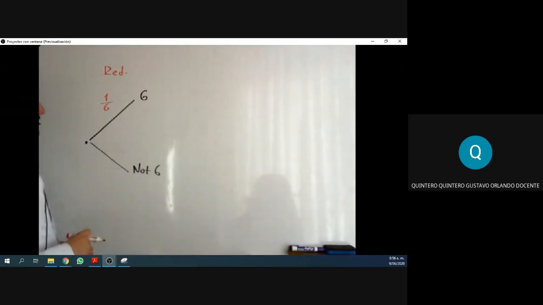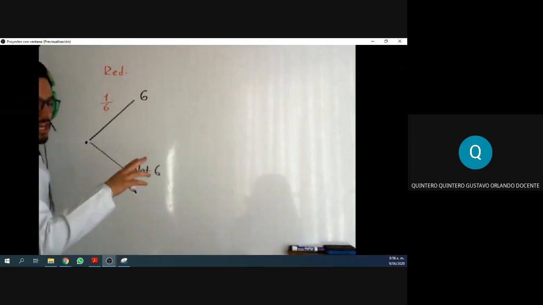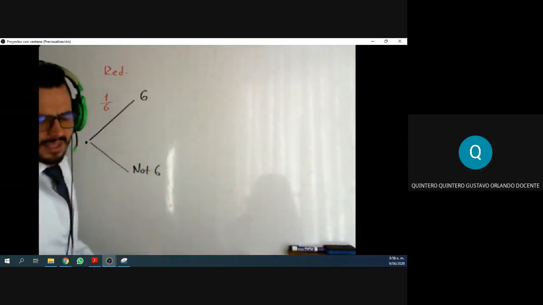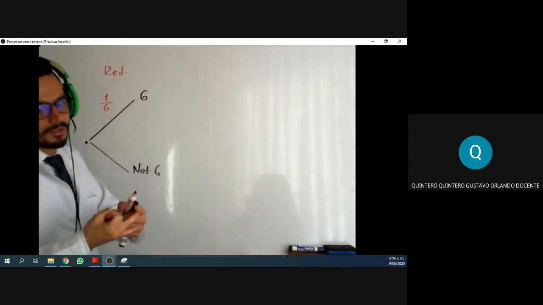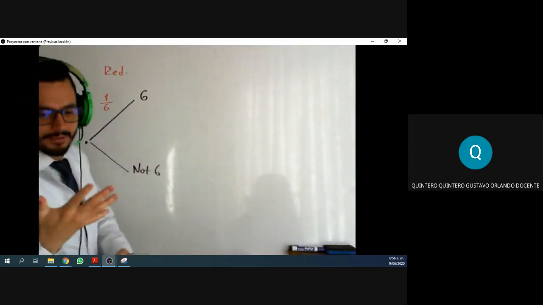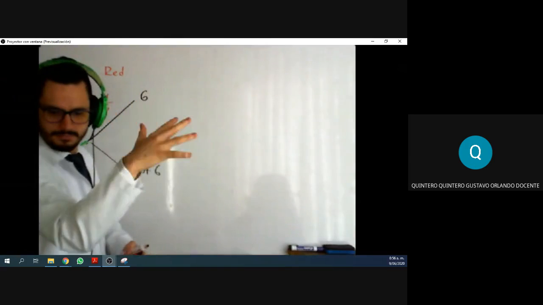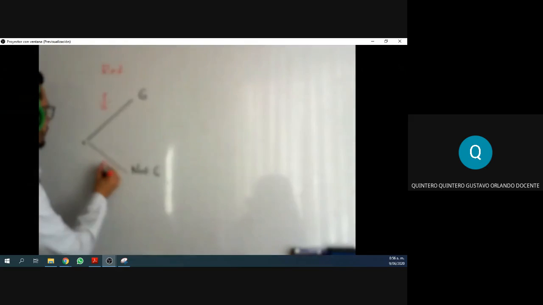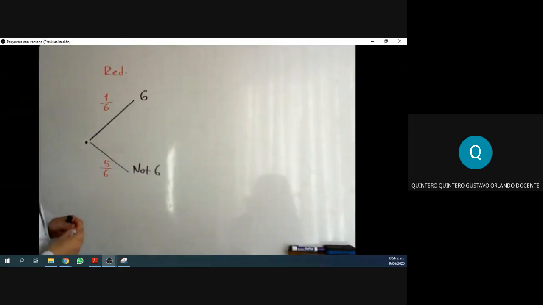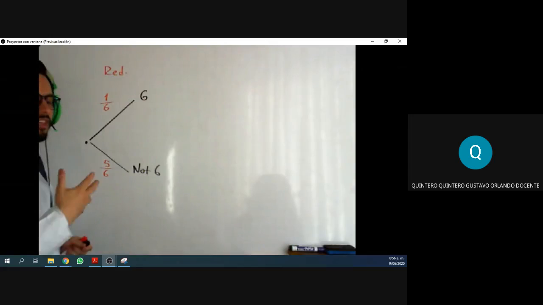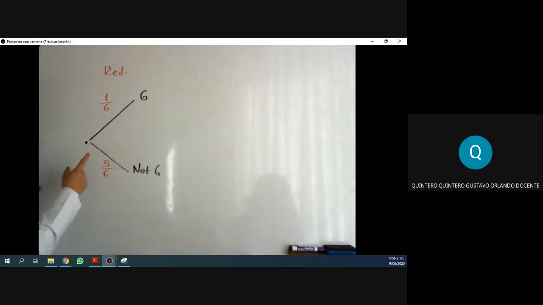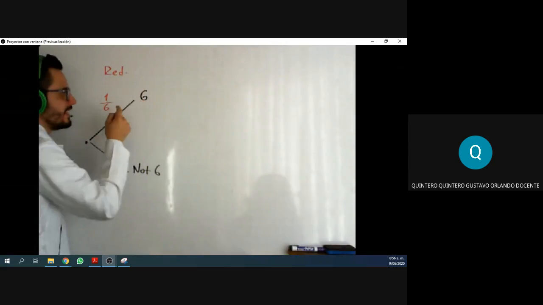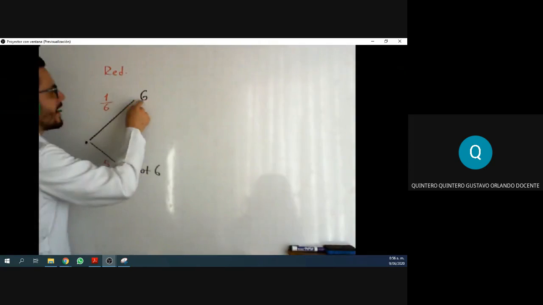But what is then the probability of getting not a 6? Something different than a 6. So getting a 1 or a 2 or a 3 or a 4 or a 5. 5 possibilities, right? So the probability here is 5 over 6. Things to notice about the tree diagram. Number 1, the little lines at the end of the lines are going to contain the possibility that we are studying. We are studying that we get a 6.